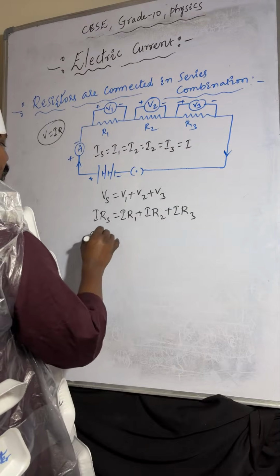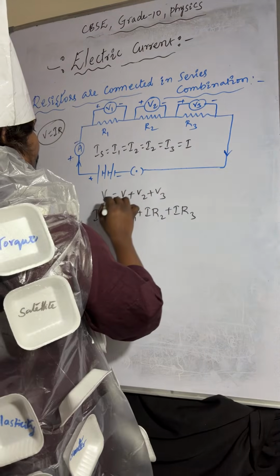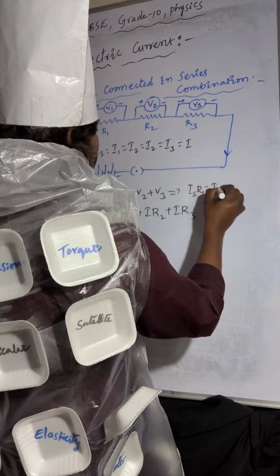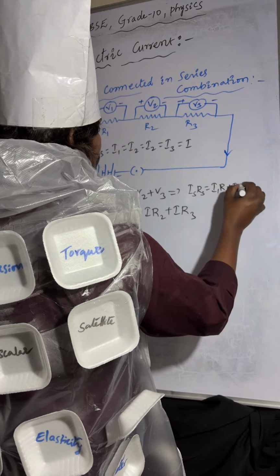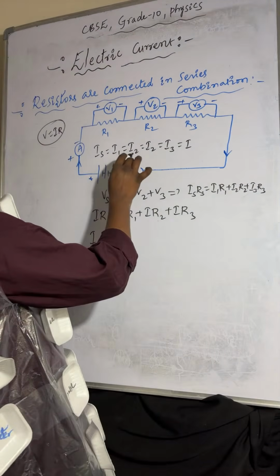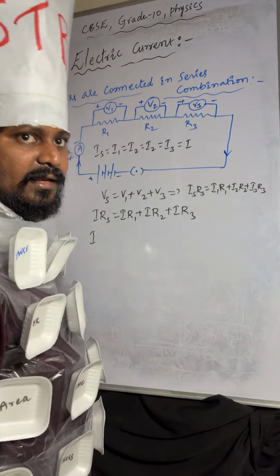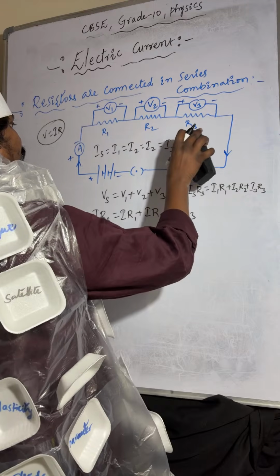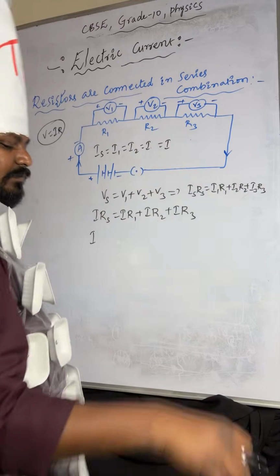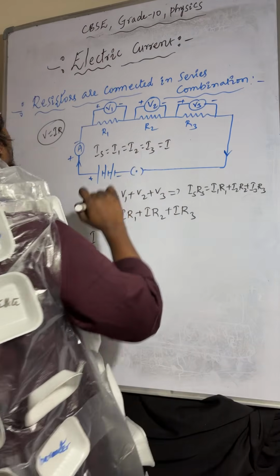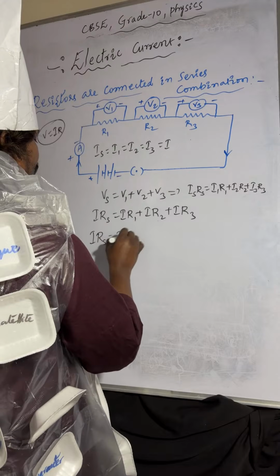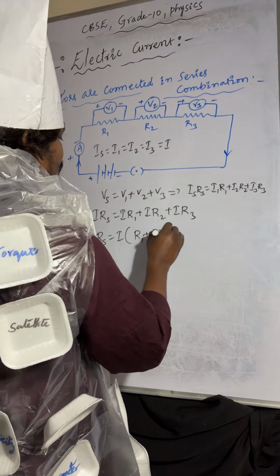So I am taking I common. As I mentioned, Is equals I1 equals I2 equals I3 equals I. So I am taking I common: I times R1 plus R2 plus R3.